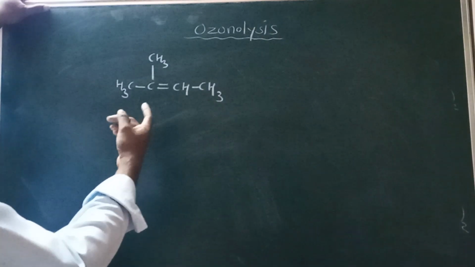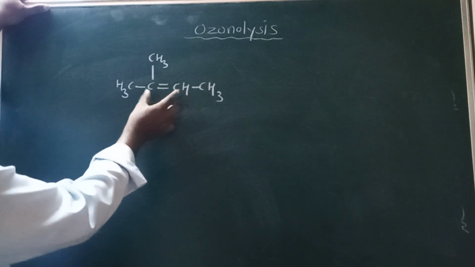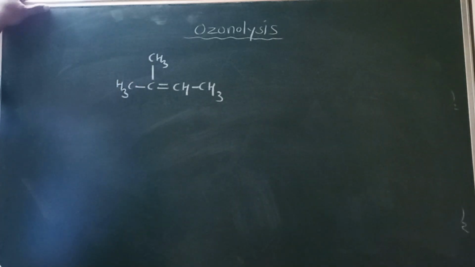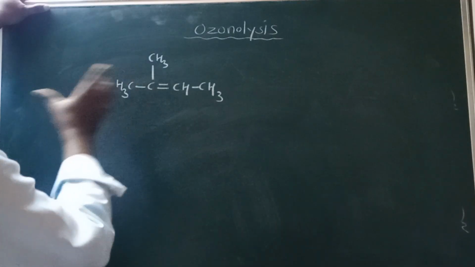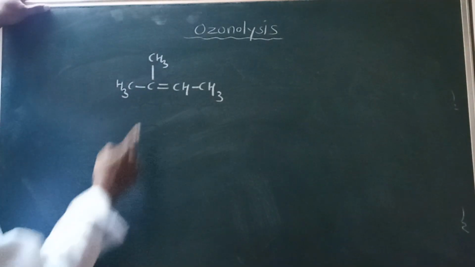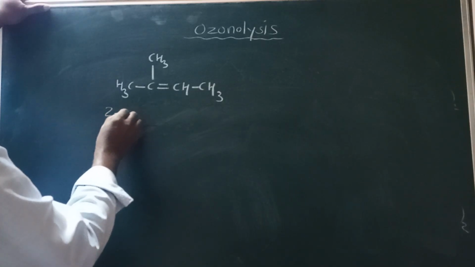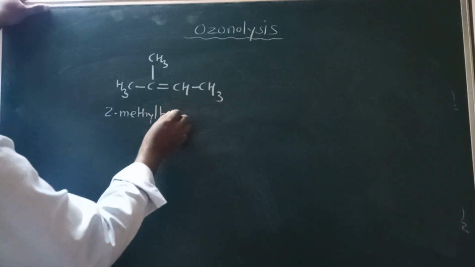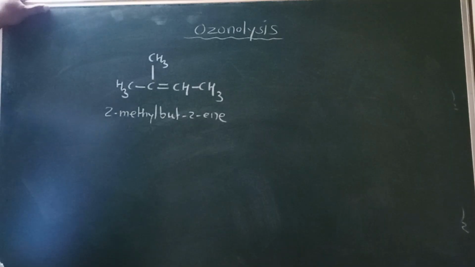Yes, it is an unsymmetrical alkene because the substituents on the two unsaturated carbons are not the same: two methyl groups on one, one methyl and one hydrogen on the other. What is the name of this alkene? One, two, three, four, so the parent alkene is butene, and on the second carbon there is a methyl branch, so 2-methylbutene is the IUPAC name of this alkene.